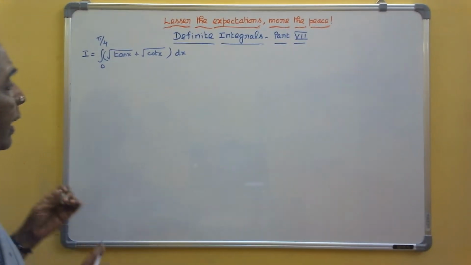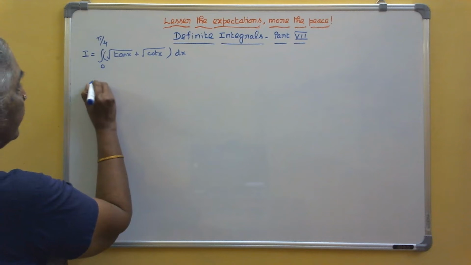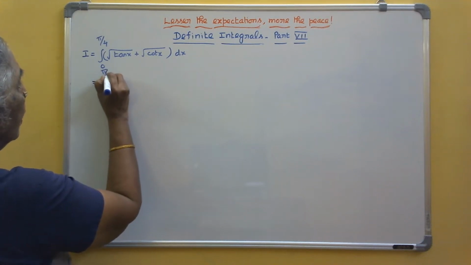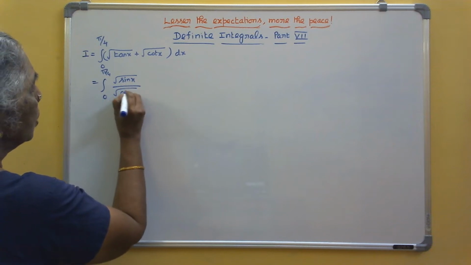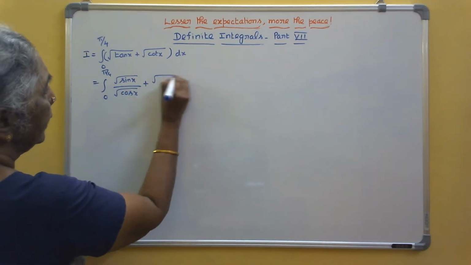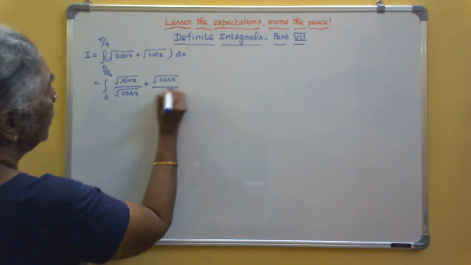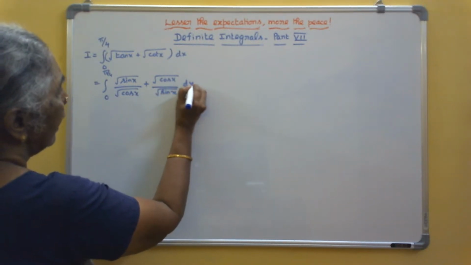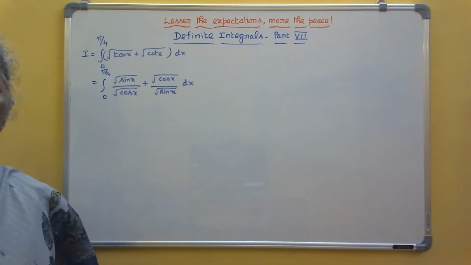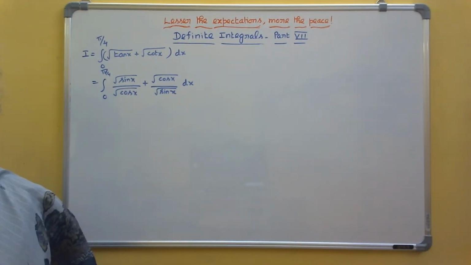So now what I am going to do is, root tan x I am going to write it as root sin x by root cos x. The root cot x can be written as root cos x by root sin x dx. Okay. Now let us take LCM.